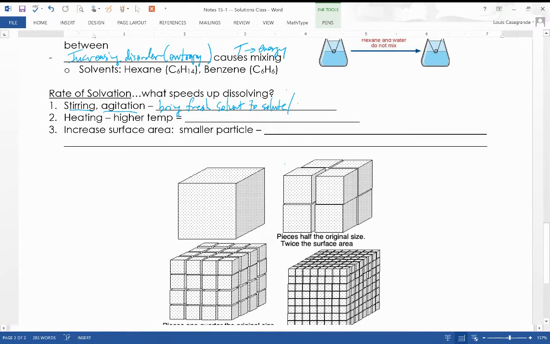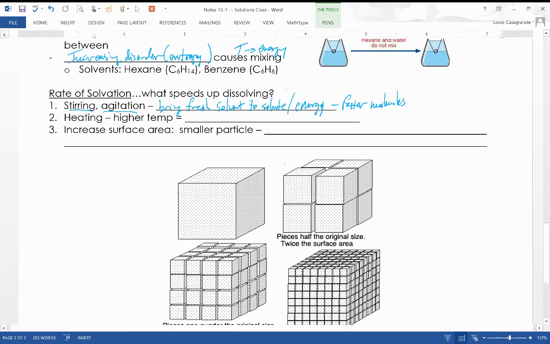The other thing it does is it brings in more energy, and more energy gives us faster molecules. If you do really sensitive experiments, you can actually measure the heating of a liquid by stirring it. It's very sensitive, though. We don't have that kind of equipment in our lab.